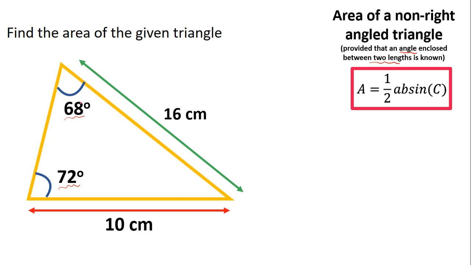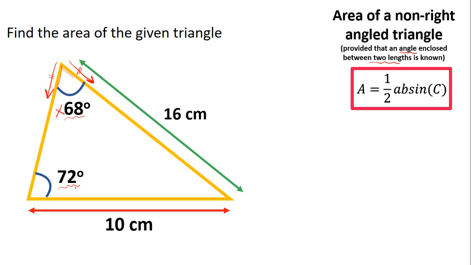Considering 68 degrees, the two lengths enclosed between this angle are this one and this one right here. I do have this length that is 16 centimeter, but I don't have this length. It's not given to me. That means I am not taking 68.